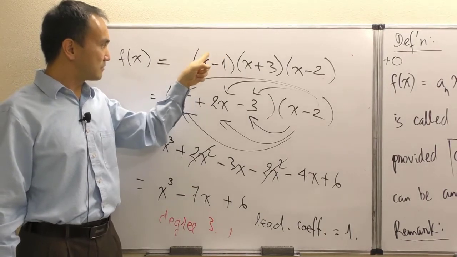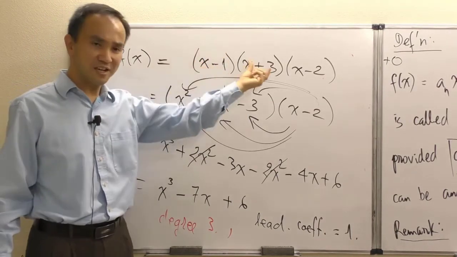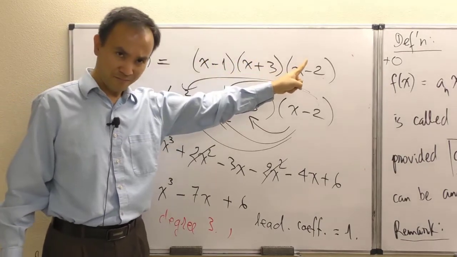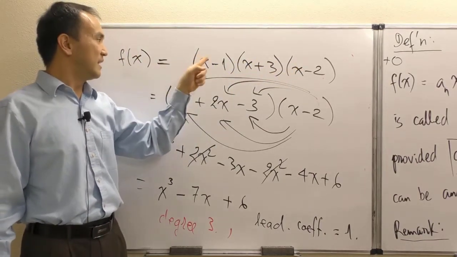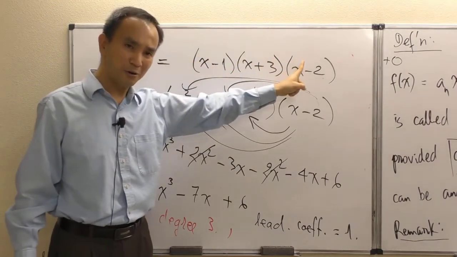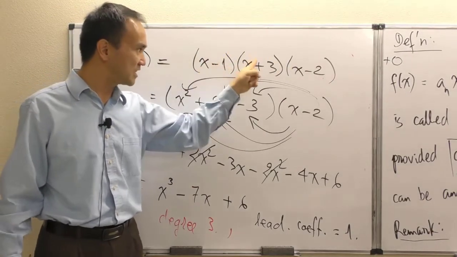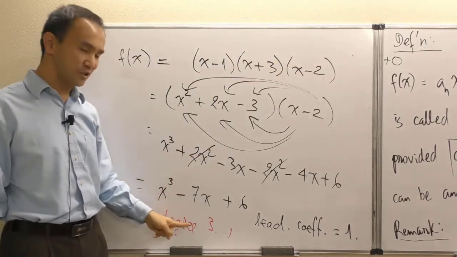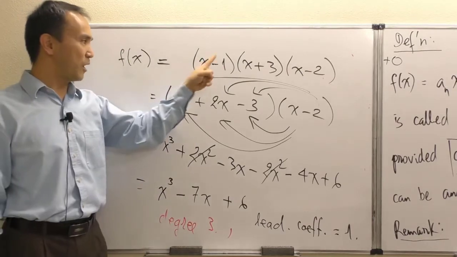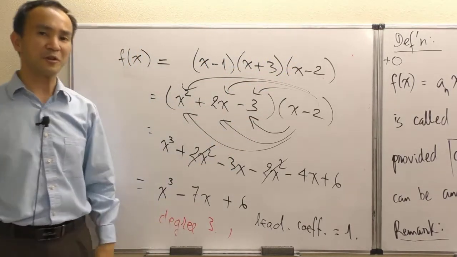That's why, like I said, ideally we look for linear terms, because each of these is a power 1. The power 1 here plus a power 1 plus a power 1, the total of these individual powers, is degree 3. So power 1 plus another power 1 plus another power 1 gives me a total degree of 3.